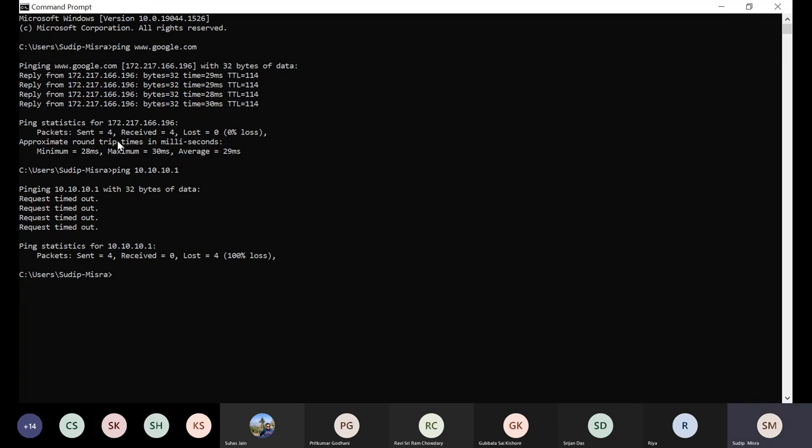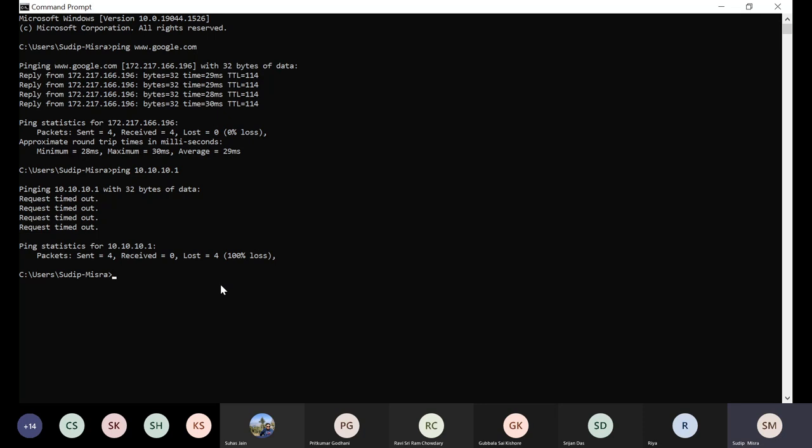It will give you all the statistics at the end: packets sent, received, lost. 0% lost, which means that everything is fine. And how much is the round trip time in milliseconds? The minimum, maximum, and average round trip time is also given. So this one is ping.